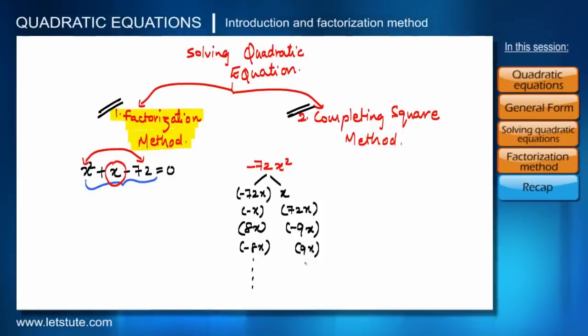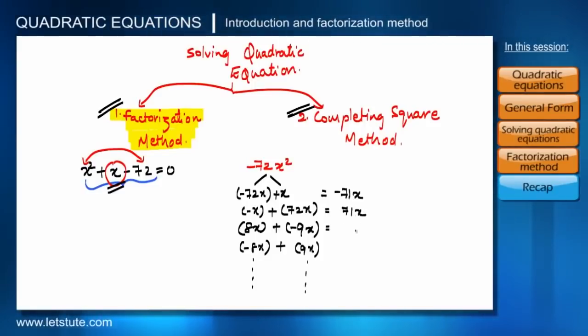You may go on finding the factors this way, but the condition is that on adding them we should get the middle term, that is x. So let's see where we are getting x. Here we are getting minus 71x, here we are getting 71x, similarly here we are getting minus x, and here we are getting x, and so on. So here is the x as we wanted, so we will consider these two terms.